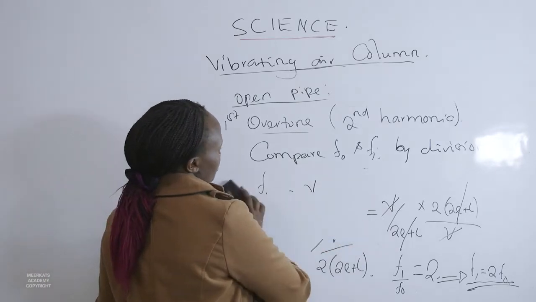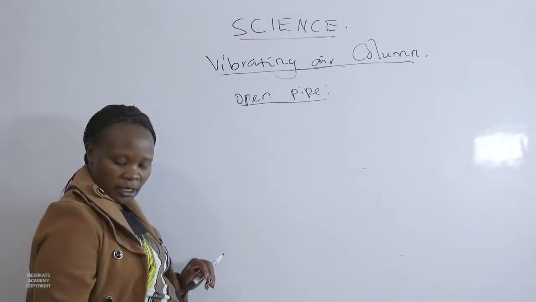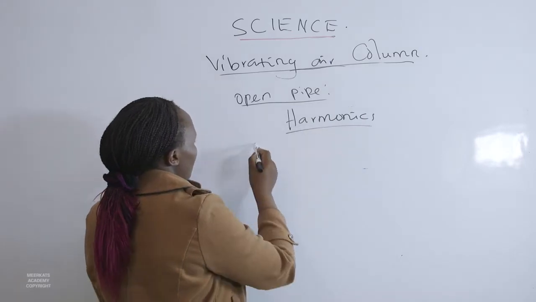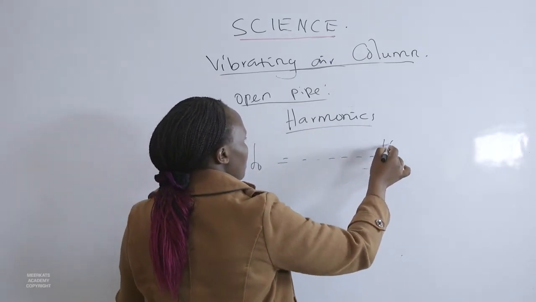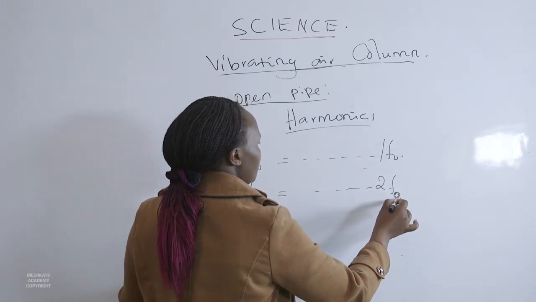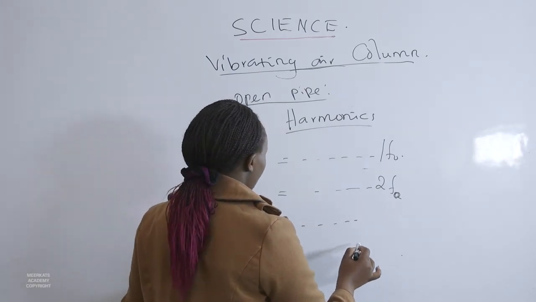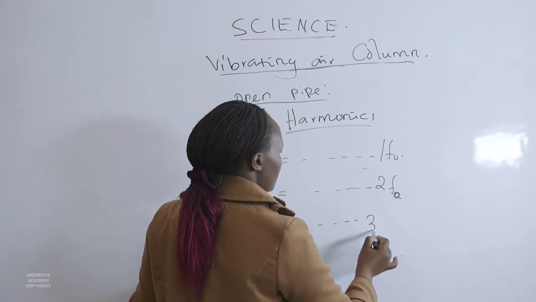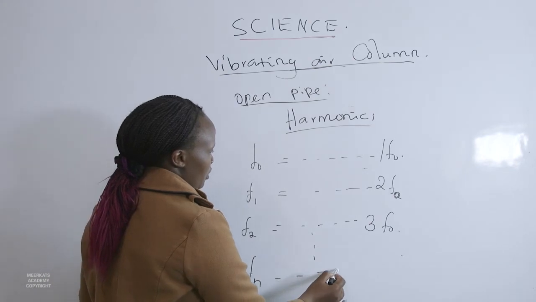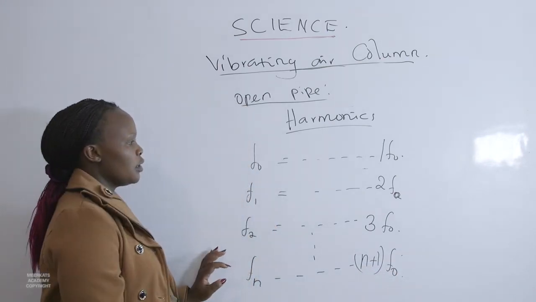Therefore, for the harmonics of an open pipe, F0 is equal to 1 F0, F1 is equal to twice F0, F2 will be three times F0, and if you continue that way, Fn will be n plus 1 times F0.